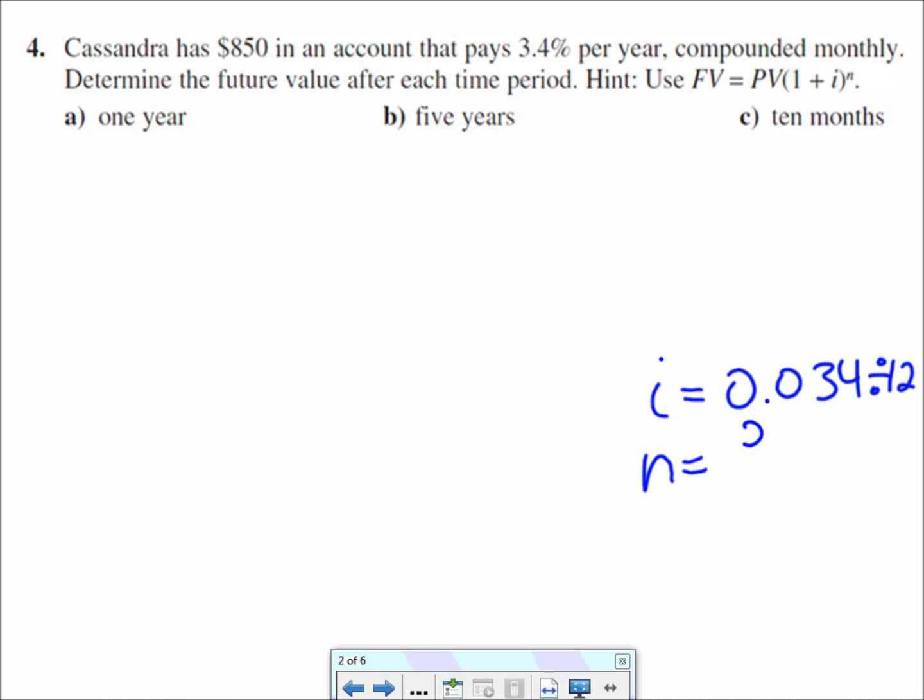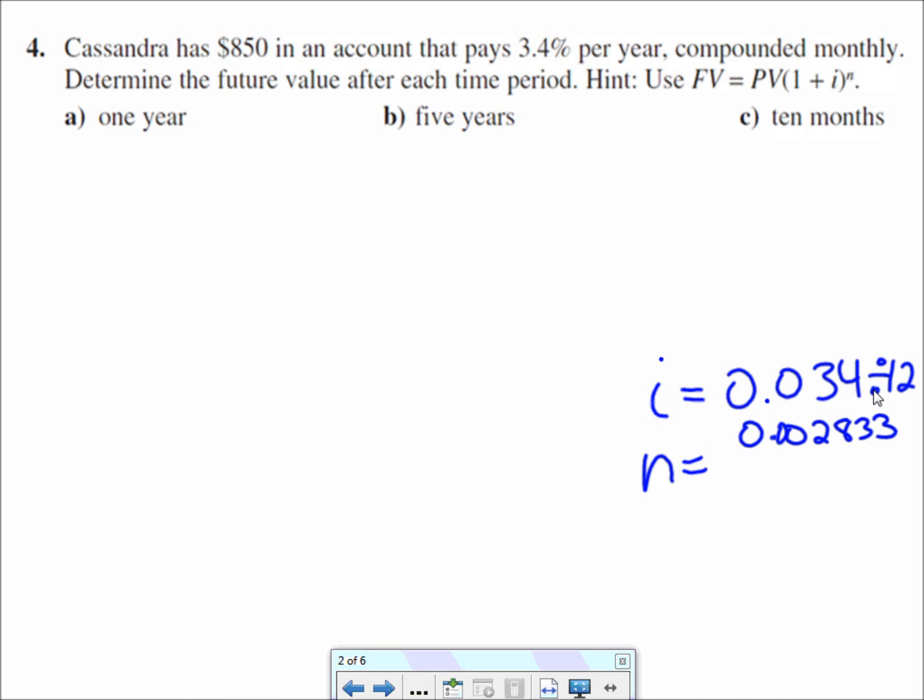So our monthly rate is 0.002833. Just keep a couple decimal places. Now, n is going to change depending on the number of years we have, okay?